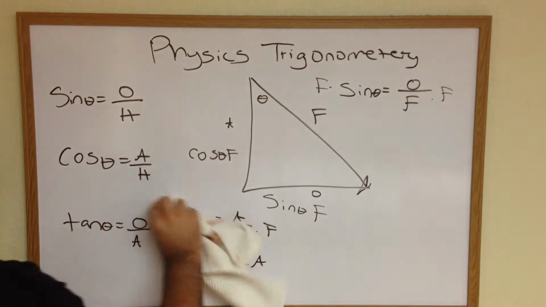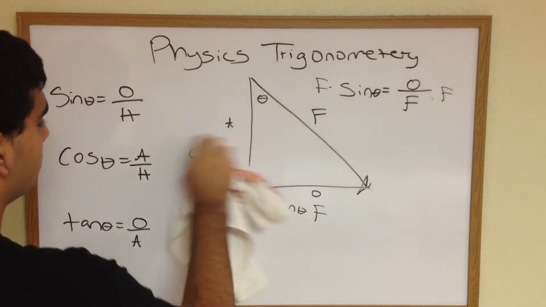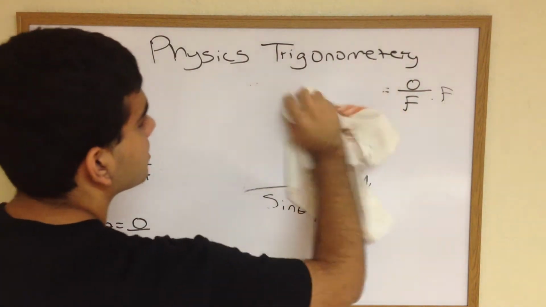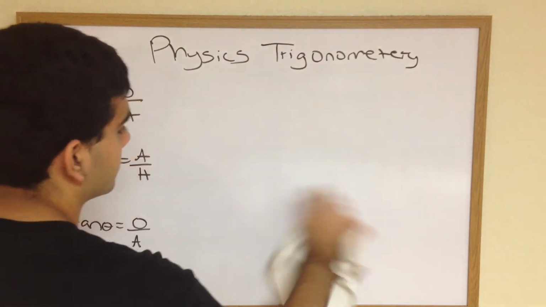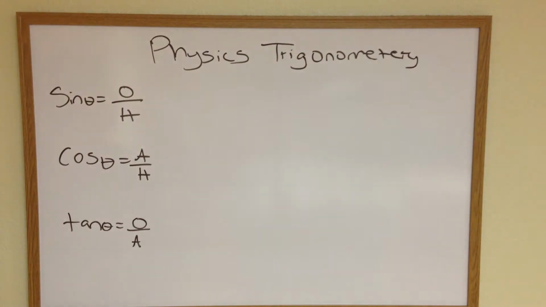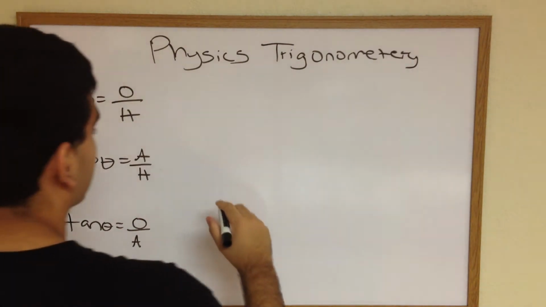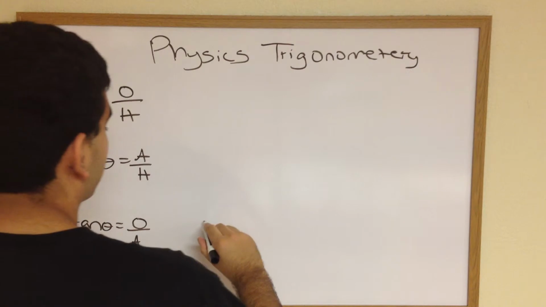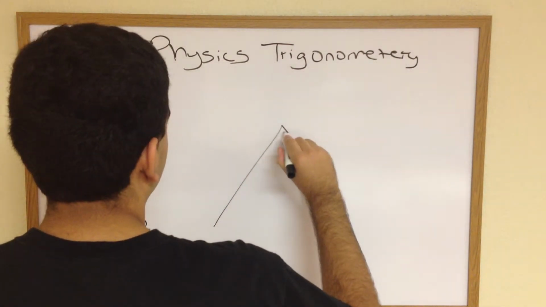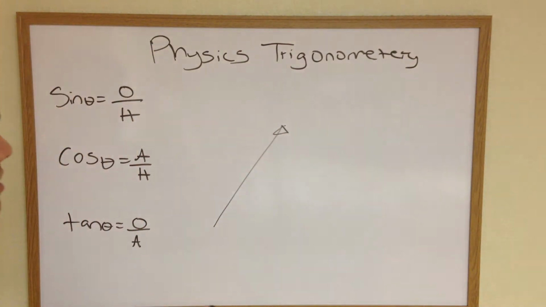So let's go ahead and do one more application problem just to make sure that we've covered all parts. So let's say something's being launched at a certain angle to the horizontal. So let's say a projectile is being launched, and I'm going to make this as neat as possible.